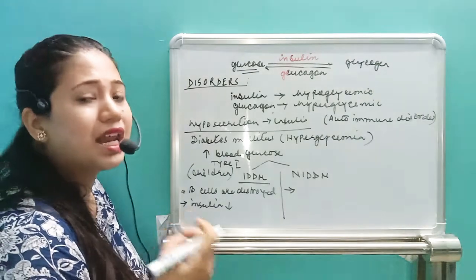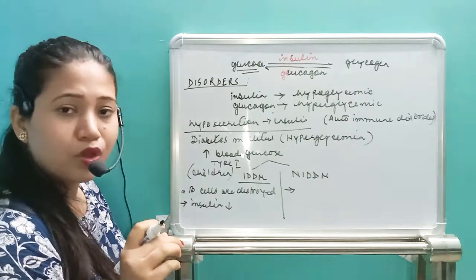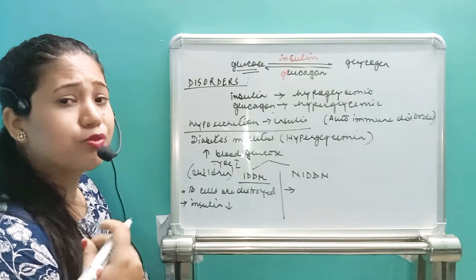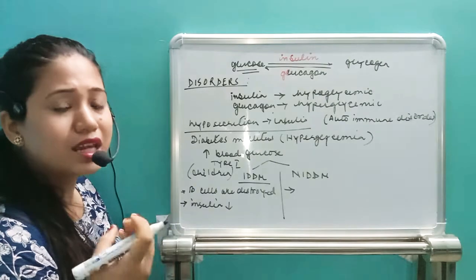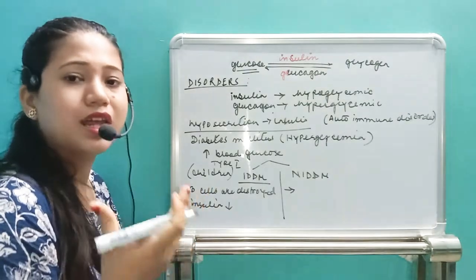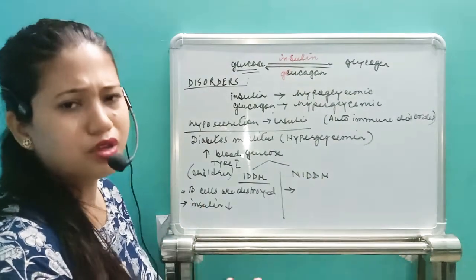What is happening in NIDDM, non-insulin dependent diabetes mellitus? We know that our glucose will be taken by the cells and the cells will produce ATP. So the cells have to get the information from the insulin that they need to take the glucose and convert it to produce ATP.